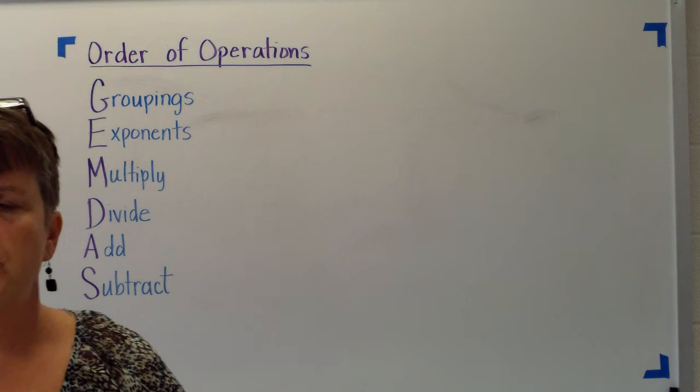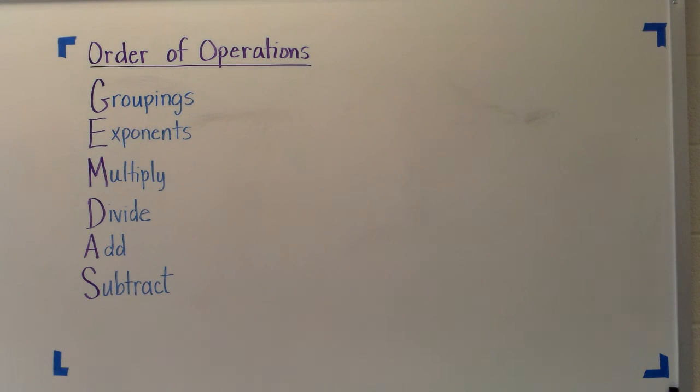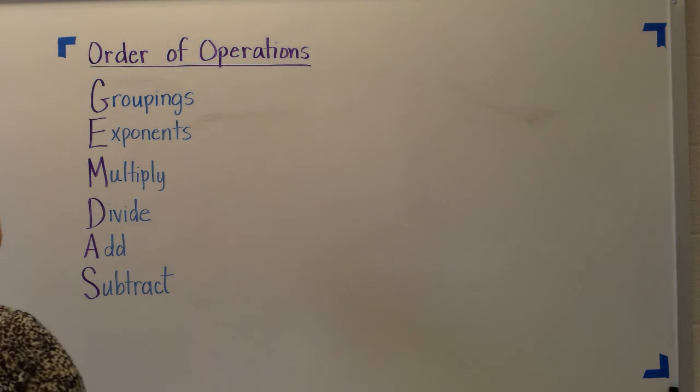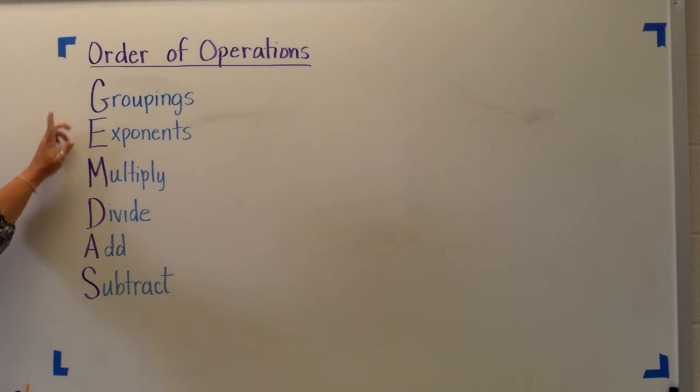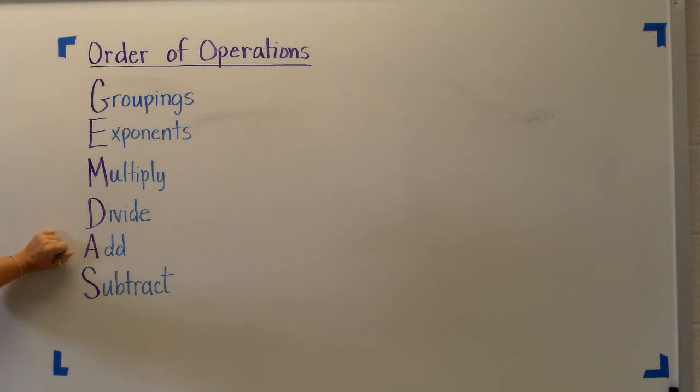Order of operations should be something that you know from elementary school, although there you use the mnemonic PEMDAS. For middle school, we use the mnemonic GEMDAS, where G stands for groupings, E stands for exponents, M is multiply, D is divide, A is add, S is subtract.